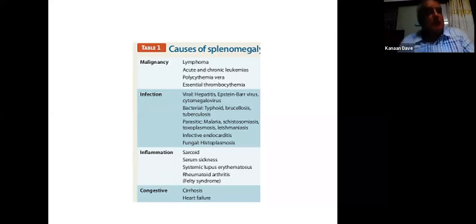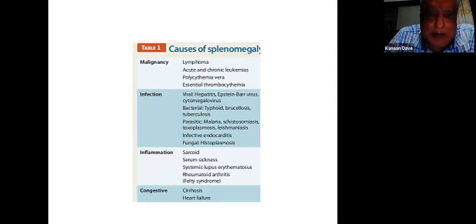Infections, various types of infections are known to cause splenomegaly. So viral hepatitis, Epstein-Barr virus, EBV, cytomegalovirus, typhoid infection, brucellosis, and disseminated tuberculosis.